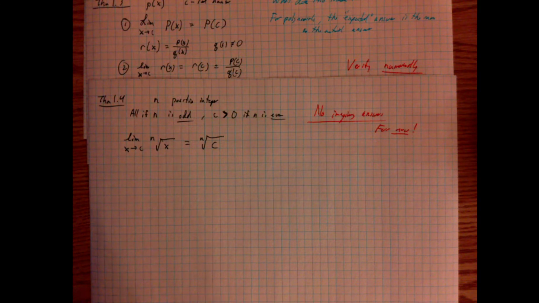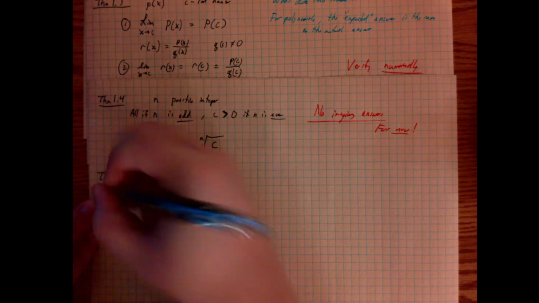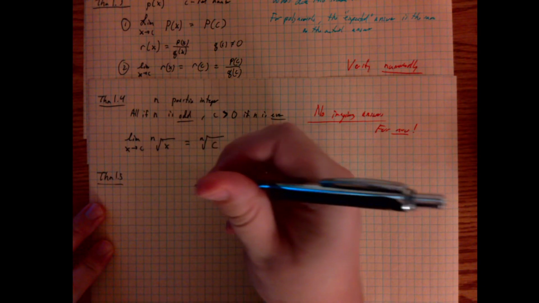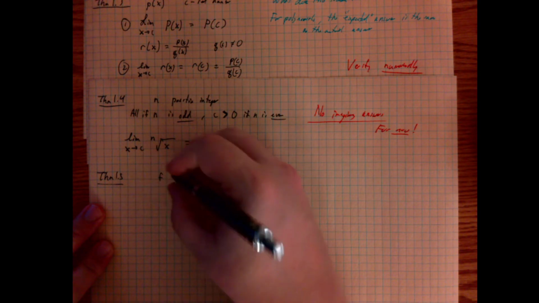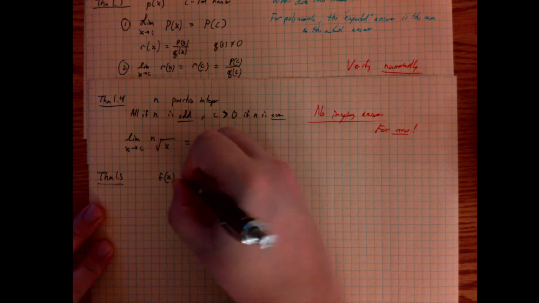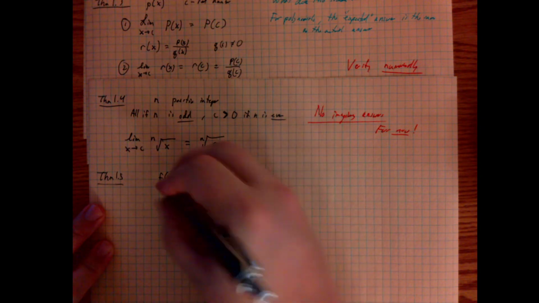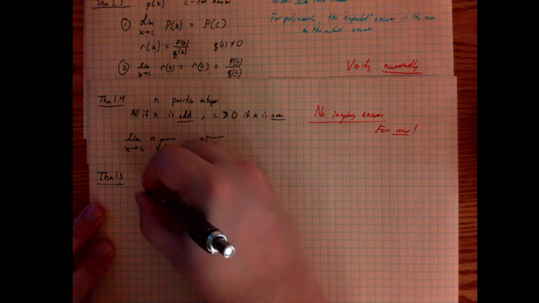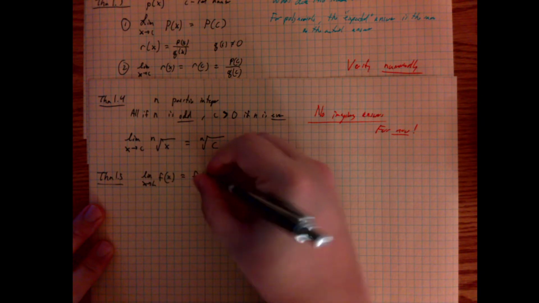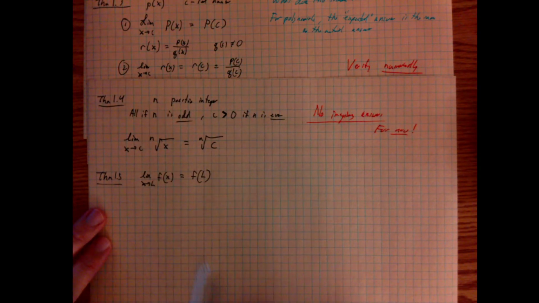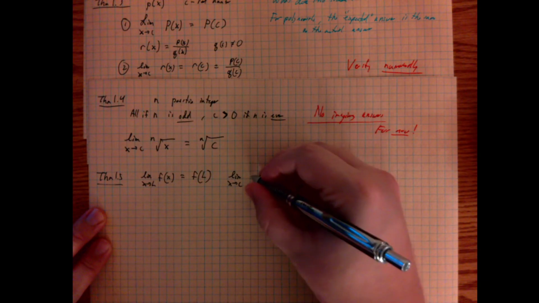Okay. The last one I'll give up here. This is theorem 1.5. It states that if you have two functions, f of x, and we have a secondary one, limit as x approaches c of g of x.